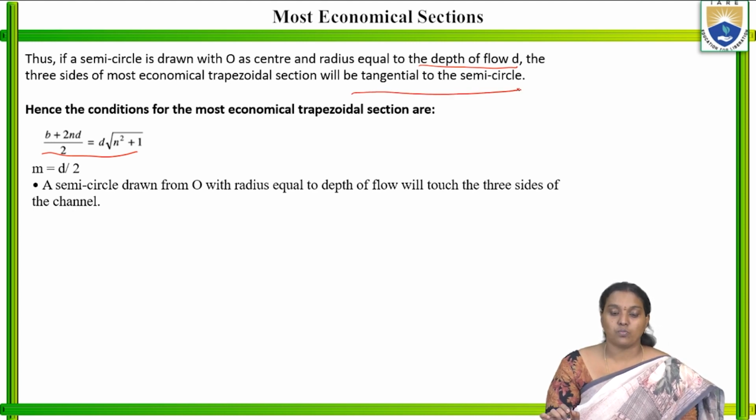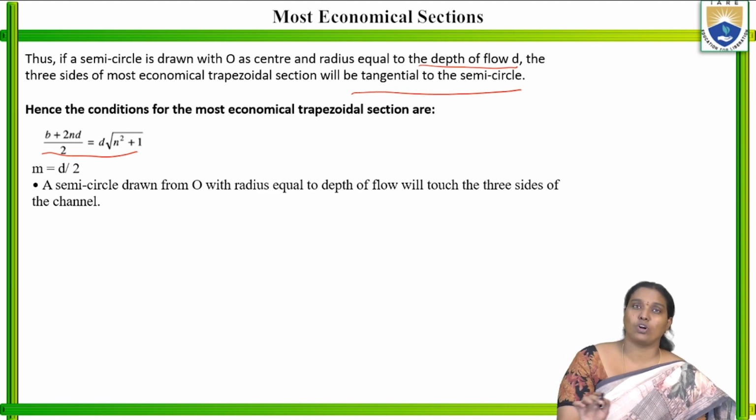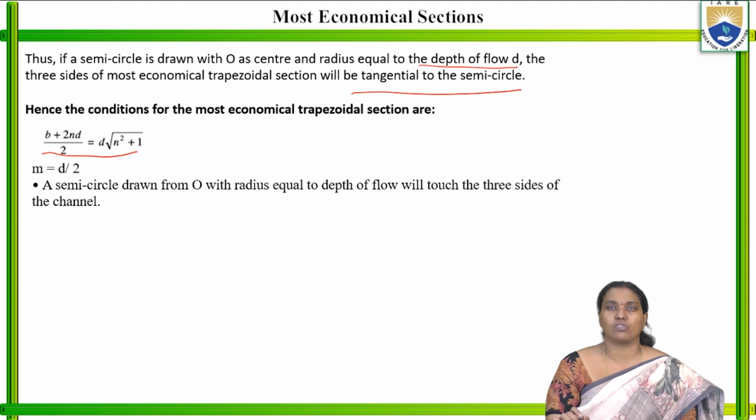So the most economical trapezoidal section conditions are: B plus 2ND by 2 is equal to D root N square plus 1; hydraulic mean depth is equal to half of the depth of the flow; and a semicircle drawn from the center point of the top width with radius equal to the depth of the flow will touch the three sides of the channel. So this is for the trapezoidal channel section.